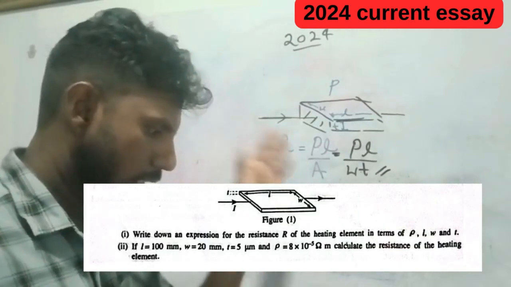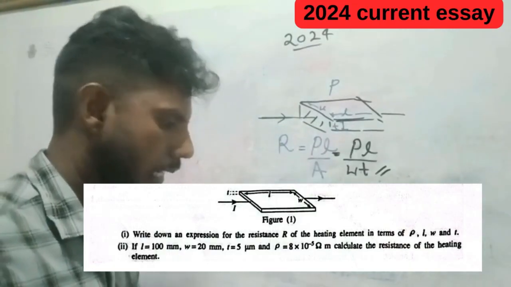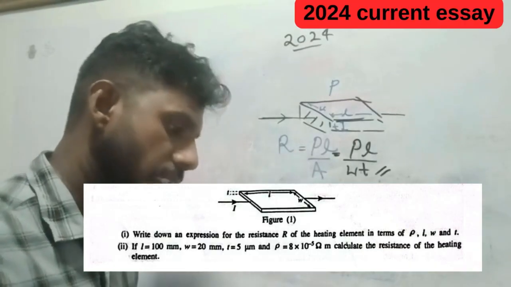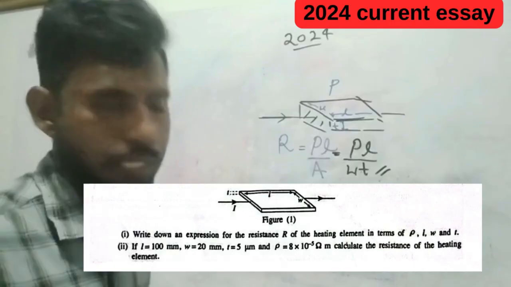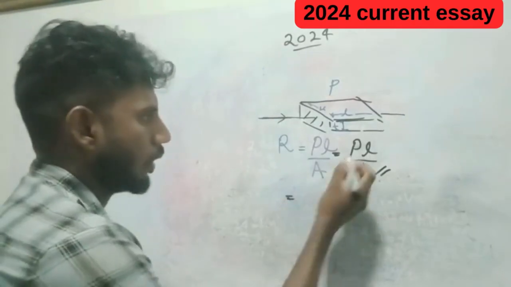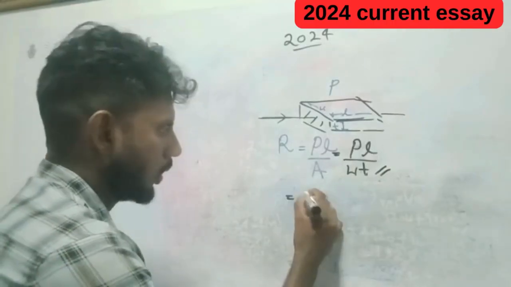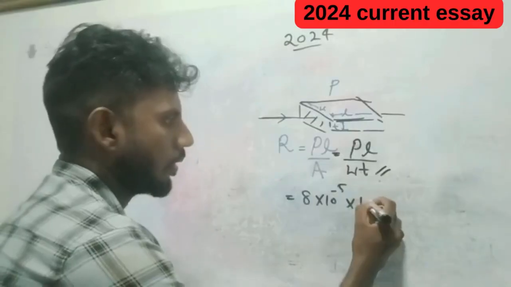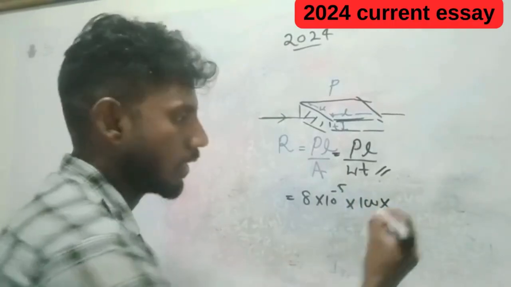If L equals this value and W equals 20 millimeters and T equals 5 micrometers and rho is given, calculate the resistance of the heating element. Easy. You need to apply the values. Rho equals 8 into 10 to the power minus 5, L, that's 100 millimeters, so I have to convert into meters.